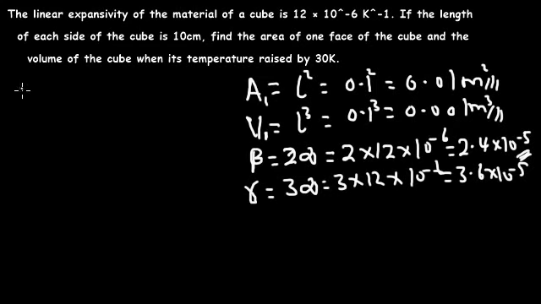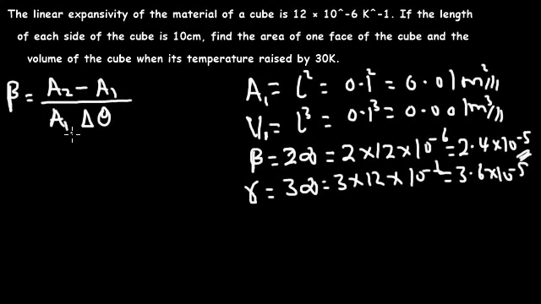Since we know that the area expansivity beta is equal to the change in area, A2 minus A1, all divided by A1 multiplied by the change in temperature. Also, don't forget the change in temperature is 30. To keep it short, I don't want the space to be consumed, let me solve for A2 first.